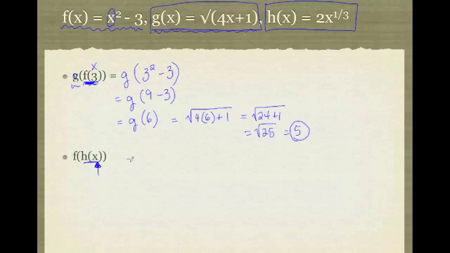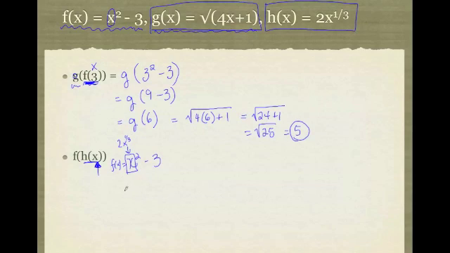So here's what f of x looks like. This is f of x. And I'm going to replace this x with the whole function, 2 cube root x.